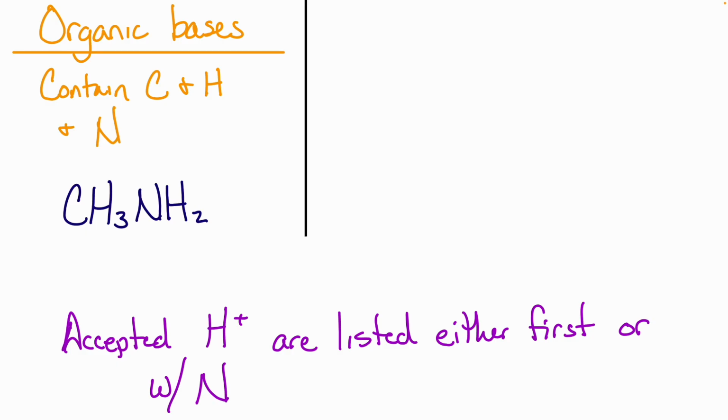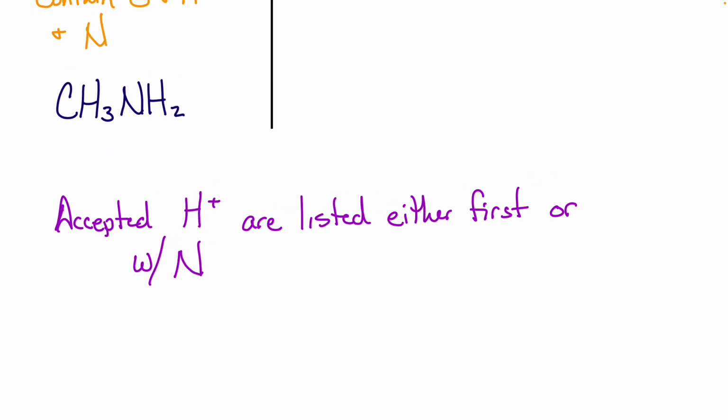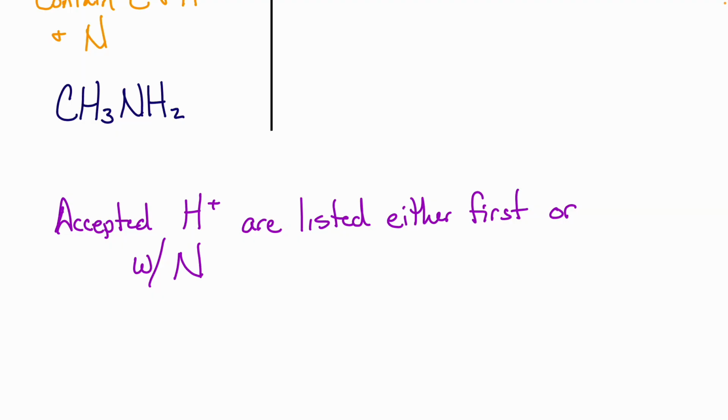The nitrogen is the one that's actually accepting that proton in this molecule. So if I was going to do my conjugate acid formula, I would say CH3. I wouldn't touch the hydrogens associated with the carbon. I would increase the number of hydrogens associated with my nitrogen here. So this would be CH3NH3+.